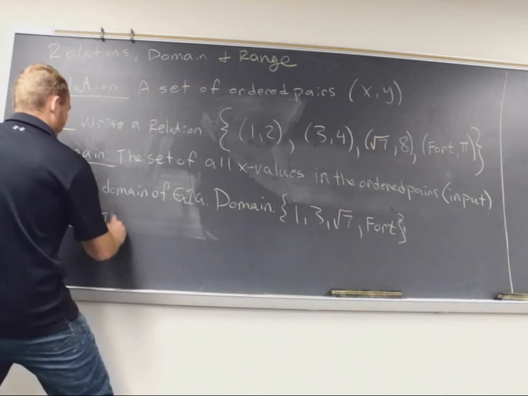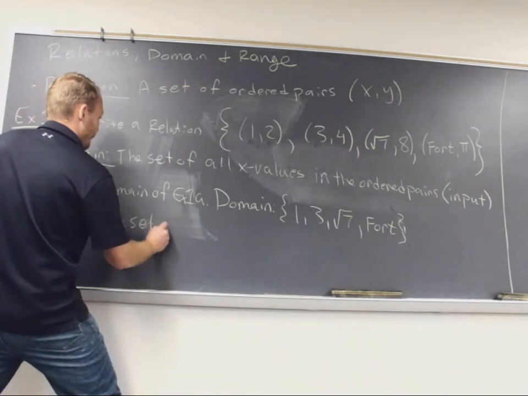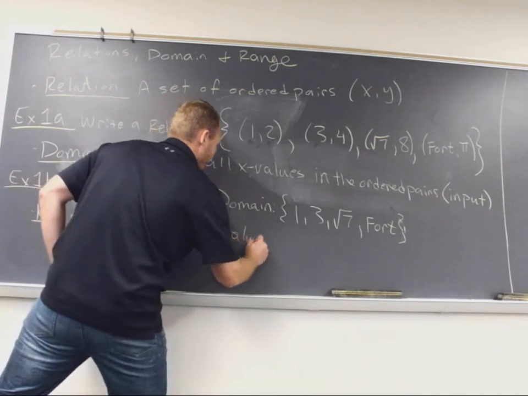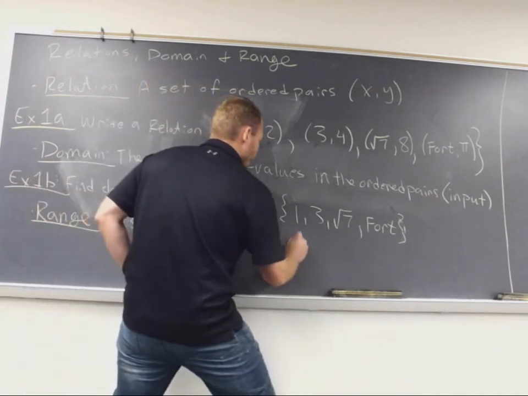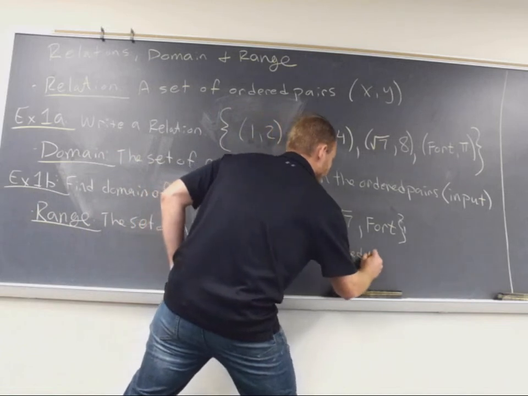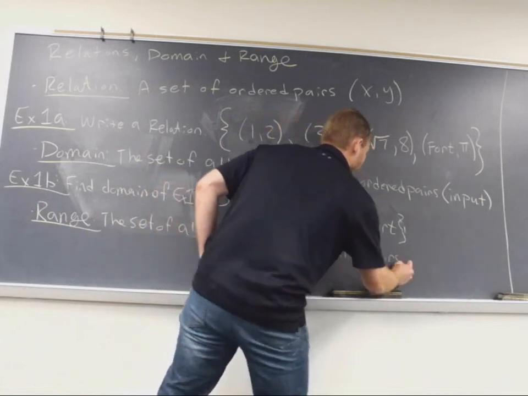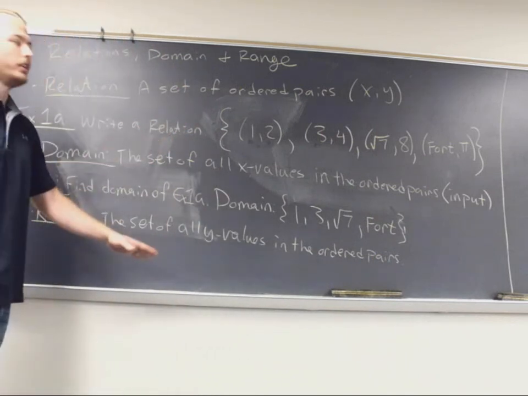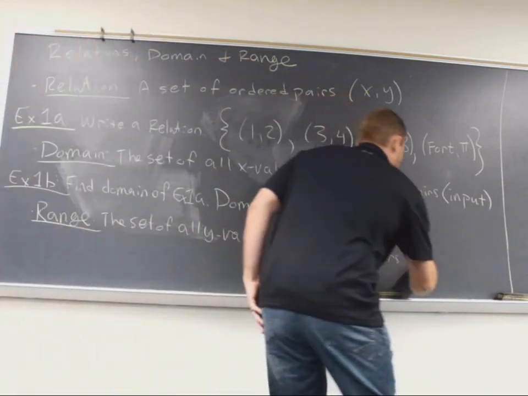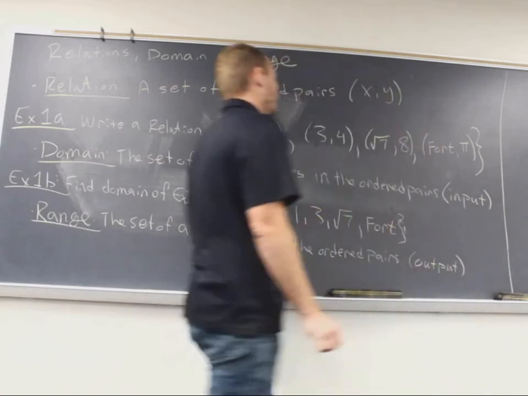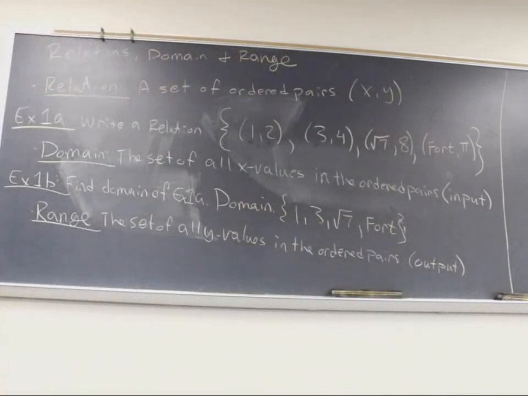So the set of all y values in the ordered pairs. And so the x values are called inputs, the y values are called outputs. All right.